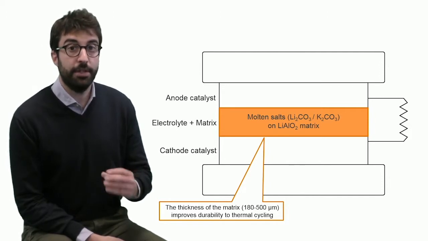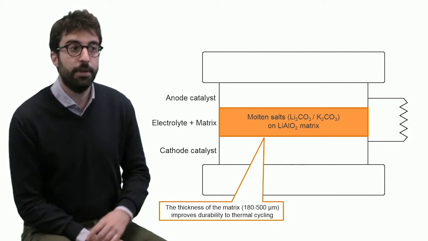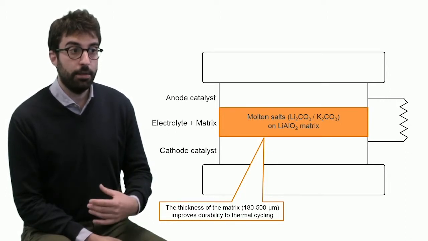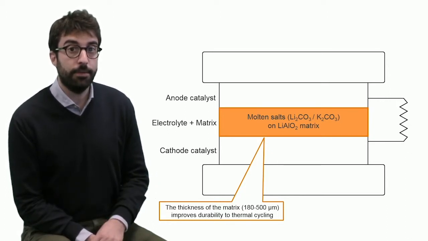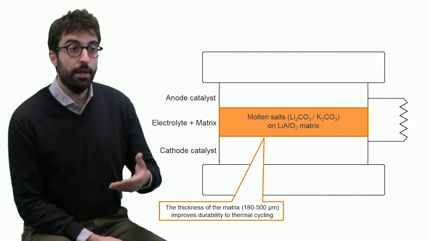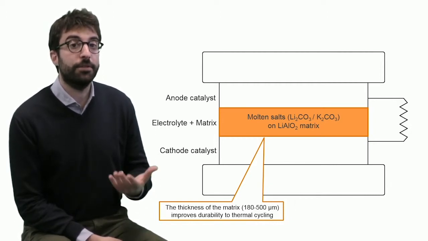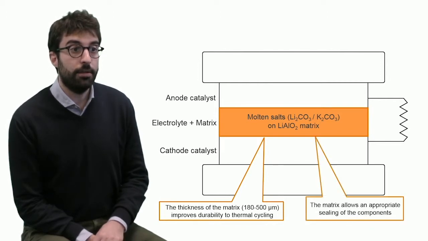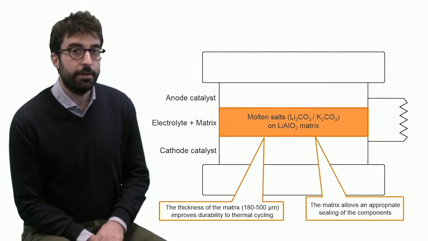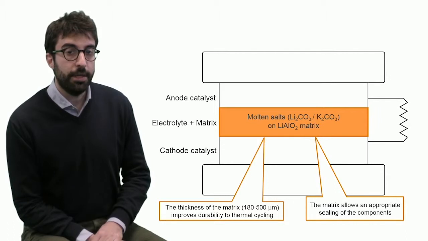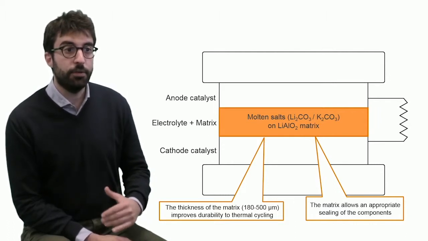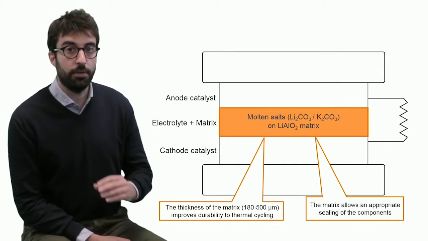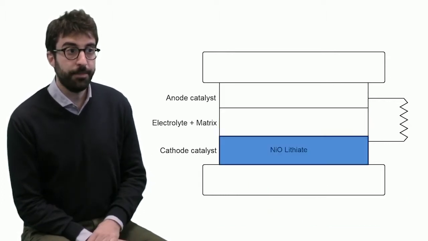It becomes the thickness of the electrolyte itself because it is the solid phase, and so the thickness has an effect on the durability of the cell and also on thermal behavior, such as thermal cycling, that may be an issue. What is also important is that, compared to other cells, the matrix itself is also the sealing, so we don't need additional sealing; the matrix becomes the sealing of the technology.